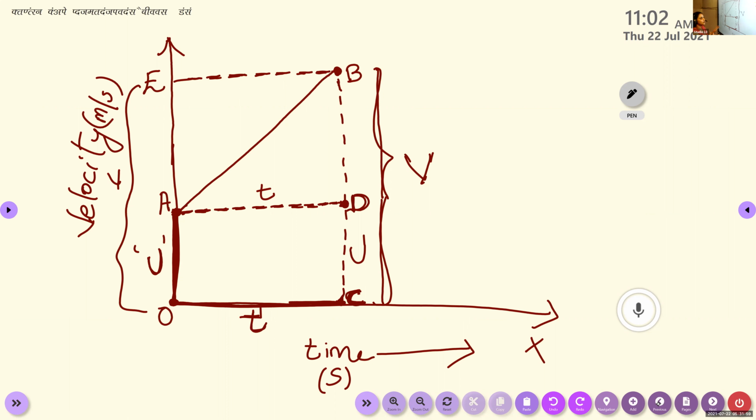But here we are going to calculate the acceleration of the moving object. And how can we calculate the acceleration of the moving object? For that, we are going to consider the slope, not the area, of the straight line. So this is the slope that we consider here. What about the slope of the straight line AB?